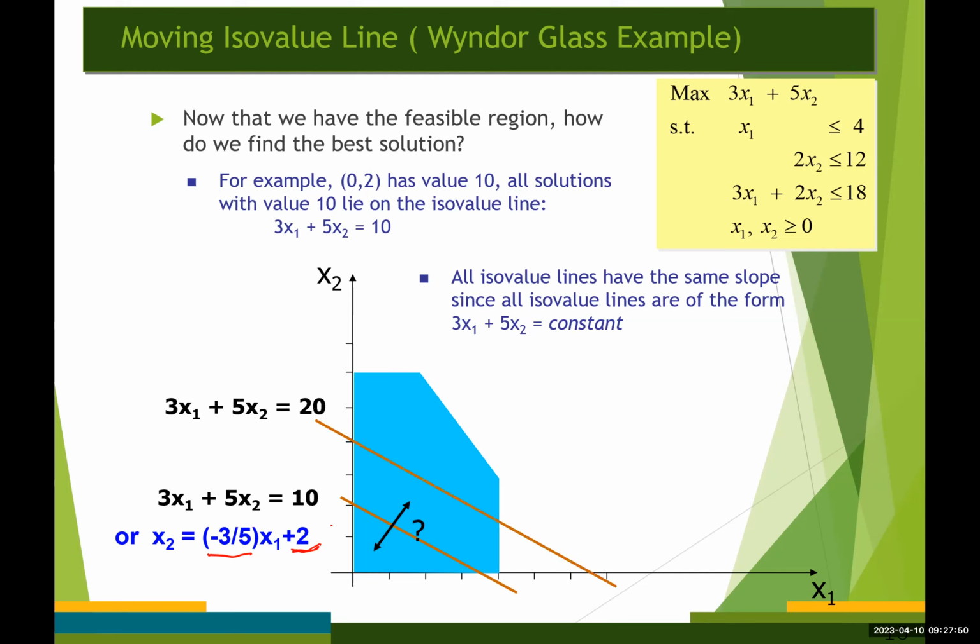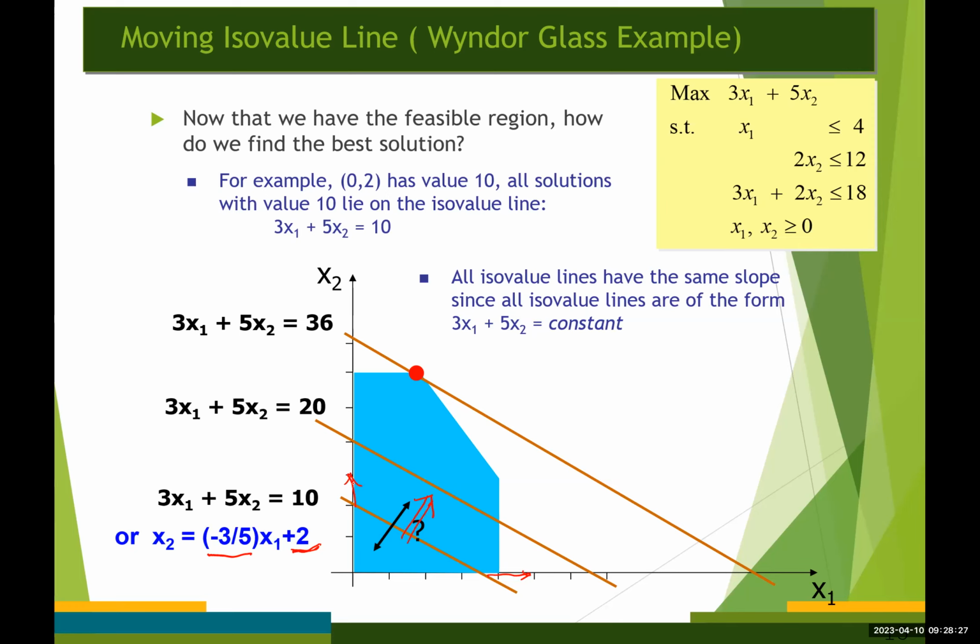What you need is just moving parallel to the isovalue line you have drawn. In this problem, the objective function value will increase if we move the isovalue line in this direction, so both x1 and x2 values will increase.